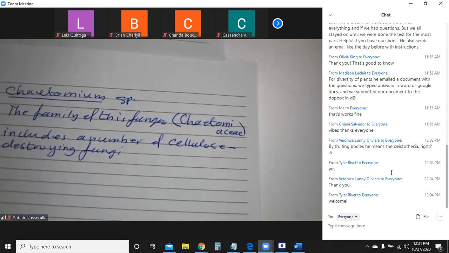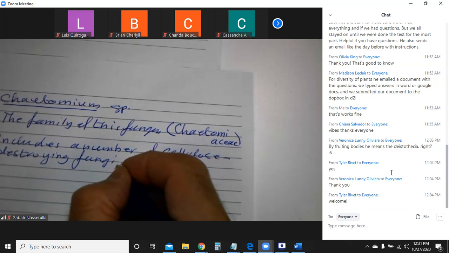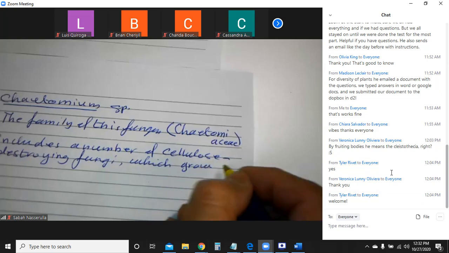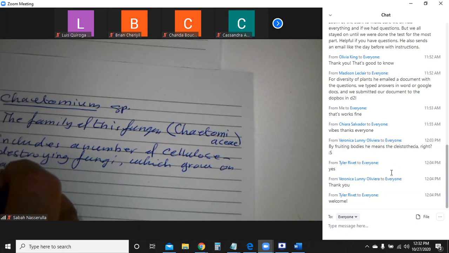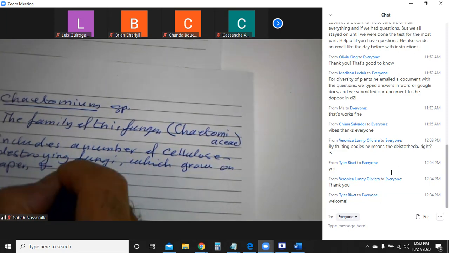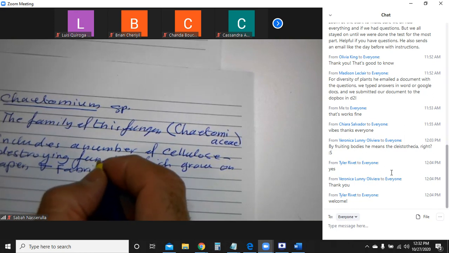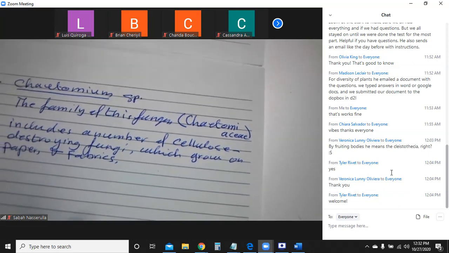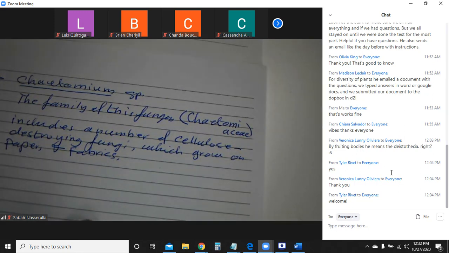And that's why, if they infect, they can infect paper, fabrics, all that, which grow on paper and fabrics. If they can infect, for example, a factory or even a storage, of course it is going to cause quite a bit of damage.